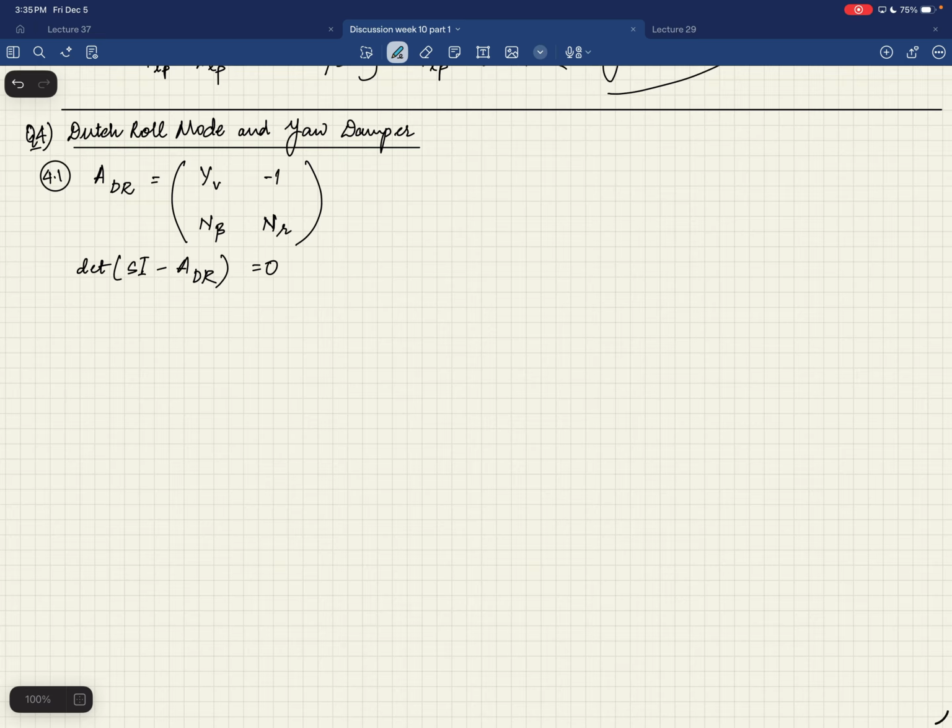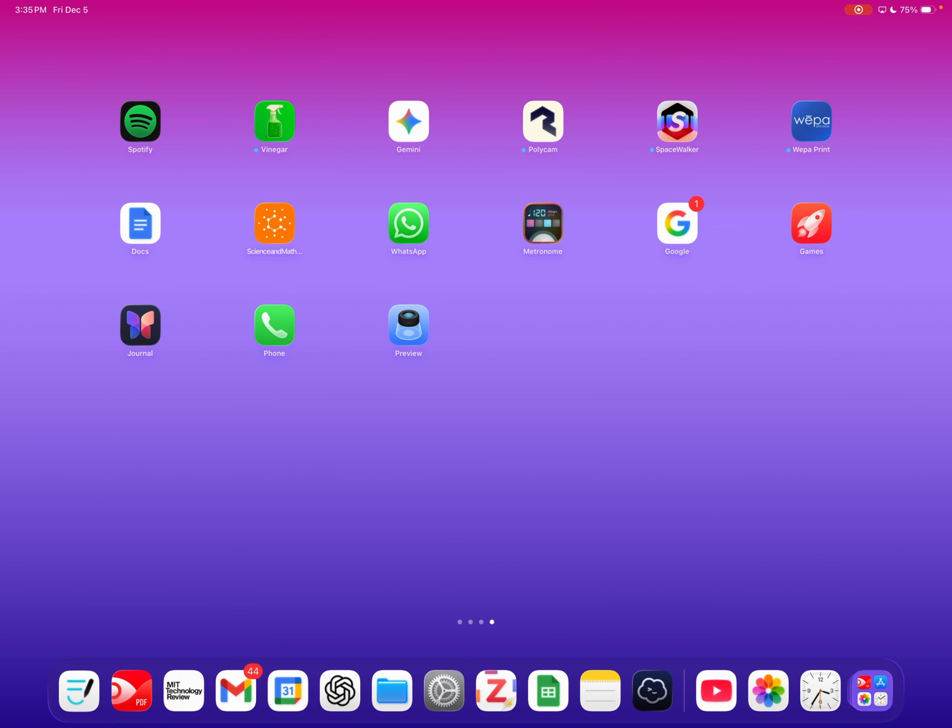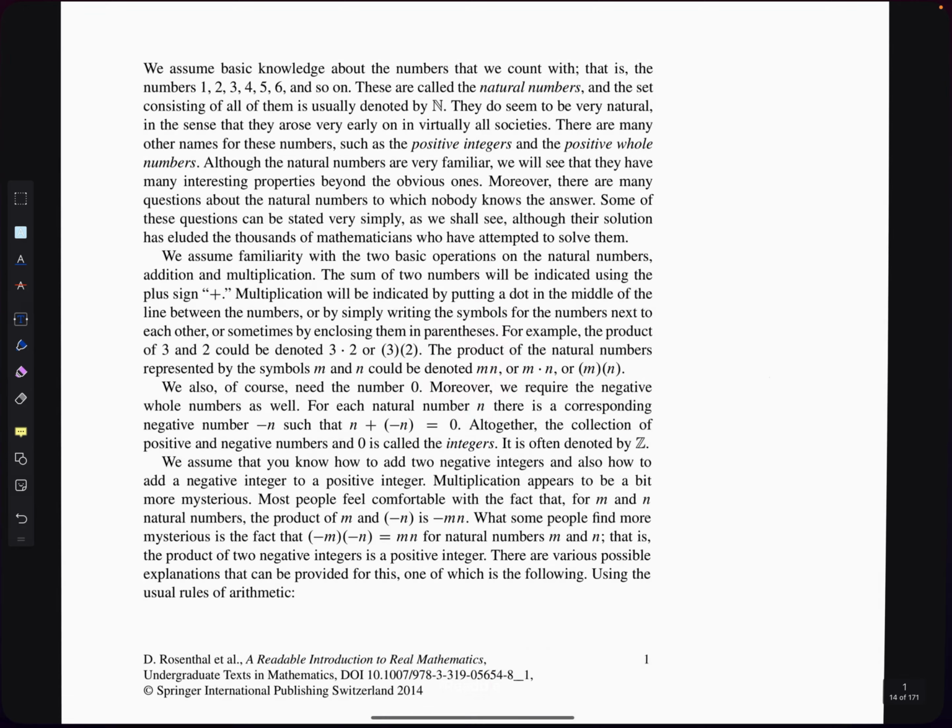Yeah, definitely. To be honest, you can write the full 5x5 system and then note down that in Dutch roll mode, these two are absent. In spiral mode, these two are absent. Let me actually copy that for you guys. Oh, my internet won't work here. I'm sorry.